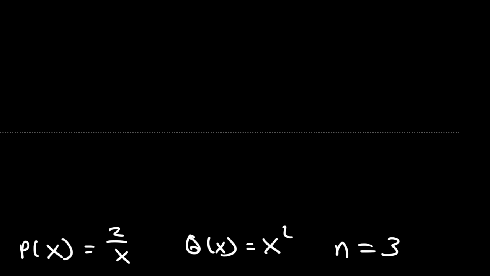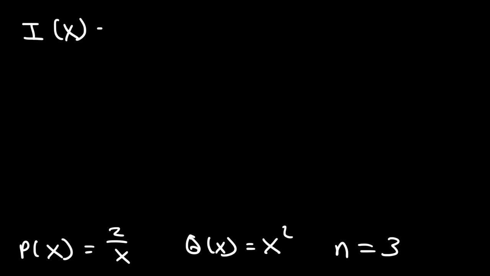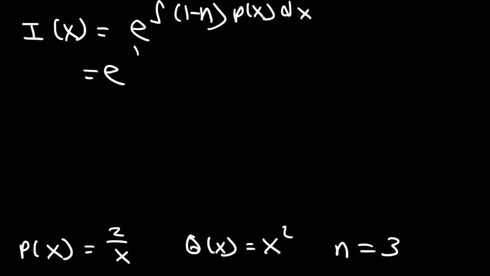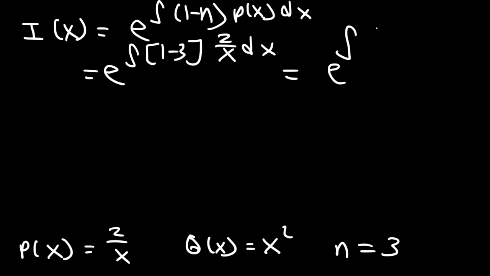So now let's determine the integrating factor. So we said that I of x is equal to e to the integral of 1 minus n p of x dx. So we know that n is 3, so this is going to be 1 minus 3. And p of x is 2 over x. Now 1 minus 3 is negative 2.